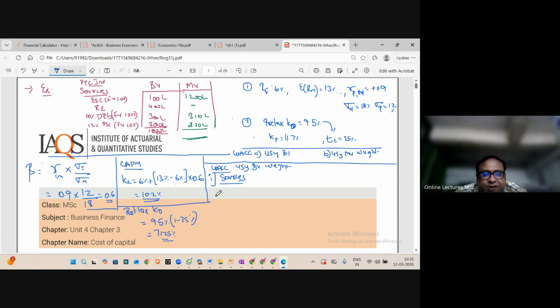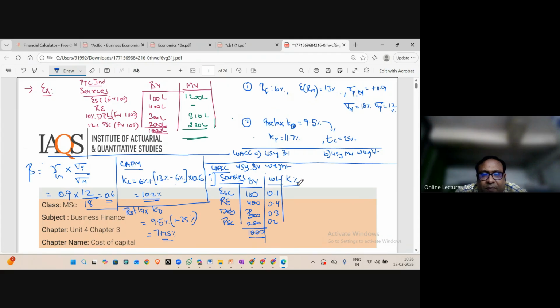So we'll have sources and book value: ESC, RE, debenture, and PSC. Their book values are given: 100, 400, 300, and 200. This is 1000. The weightages can be taken as 0.1, 0.4, 0.3, 0.2.